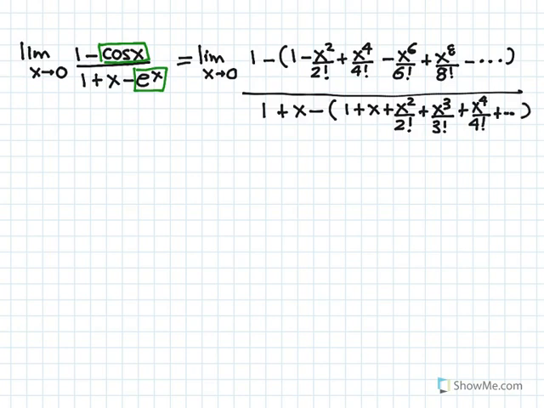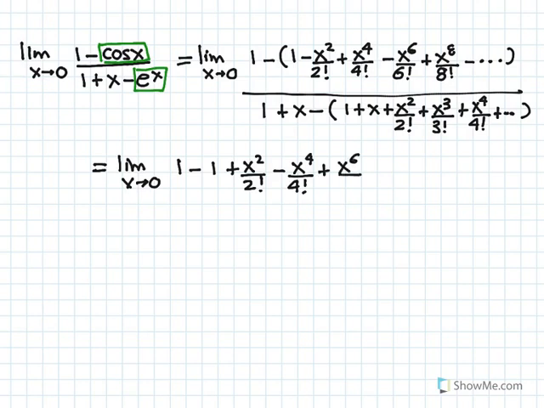Now let's simplify. We get the limit as x approaches 0. Distributing the minus sign in the numerator, we get 1 minus 1 plus x squared divided by 2 factorial minus x to the 4 divided by 4 factorial plus x to the 6 divided by 6 factorial minus x to the 8 divided by 8 factorial.